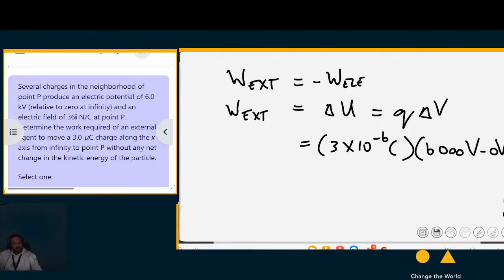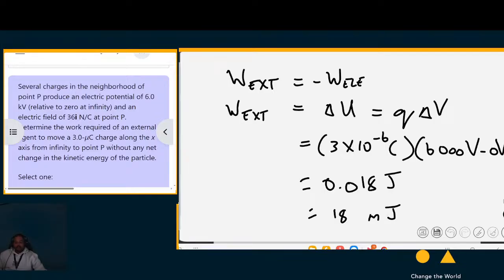That gives us the external work of 0.018 joules, or you can write it as 18 millijoules.